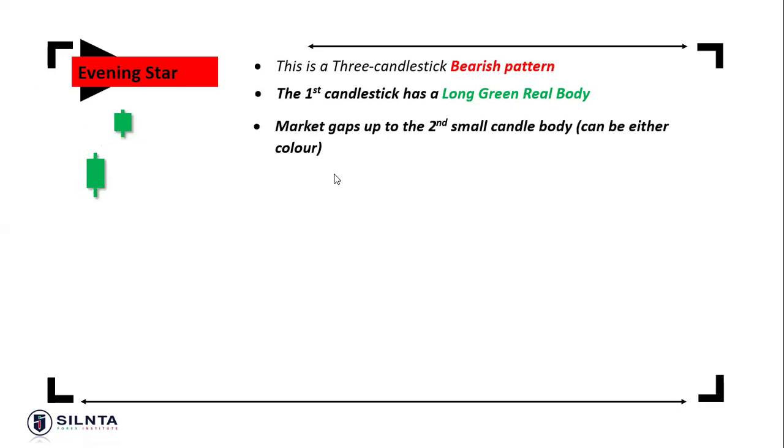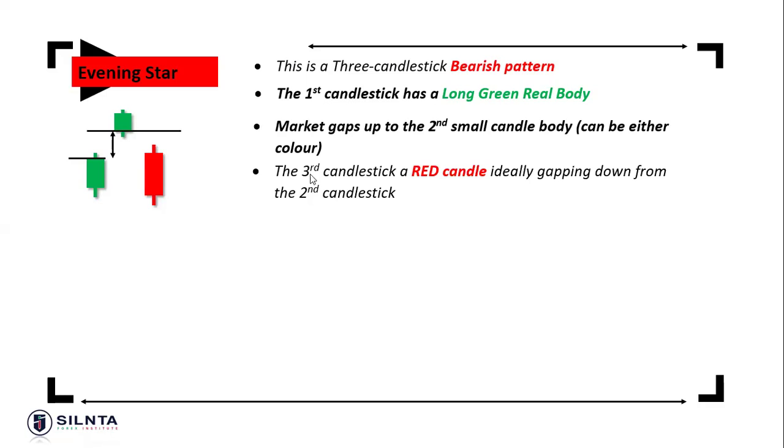The market gaps up to the second, a small candle whose body can be either color. That is the gap, the jump that I was explaining. That space is what is known as the gap. And then the third candlestick is a red candle, ideally gapping down from the second candle.